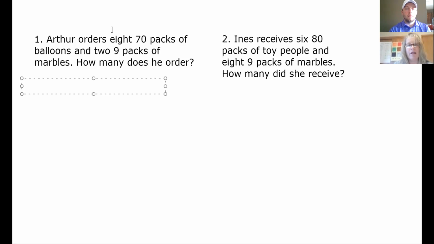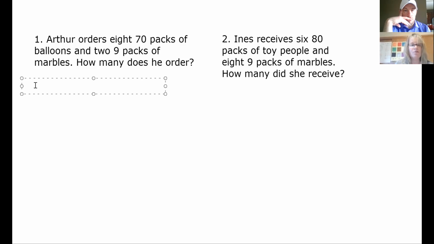Mr. Waage, do you see where the pencil mark is again? I don't see it. I don't know why, but there is also a pencil. But here's the number 8, and then here's the number 70. If I was there, I would circle it or know that those are important numbers. I have 8 70 packs.